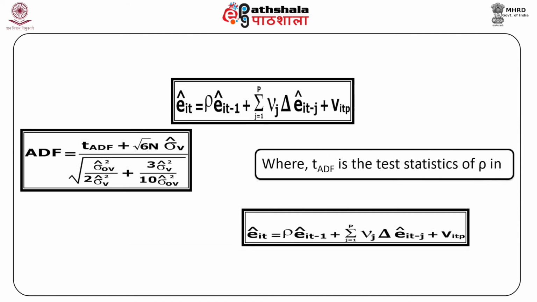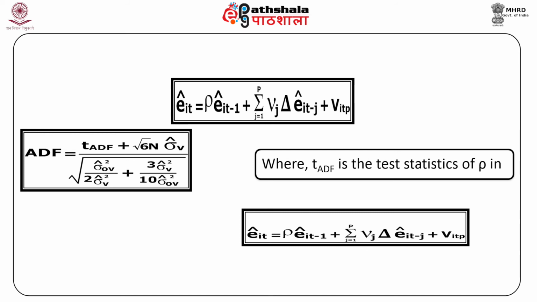EIT hat is equal to rho EIT minus 1 hat plus sigma j from 1 to p Vj change in EIT minus j hat plus VITP, with the null hypothesis of no cointegration.